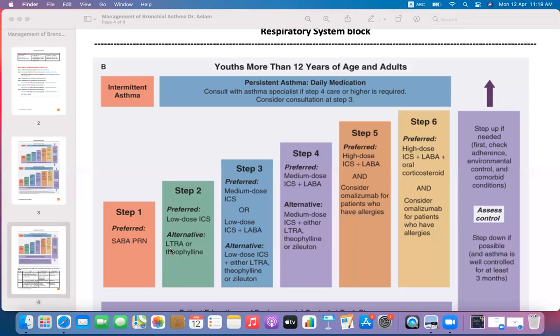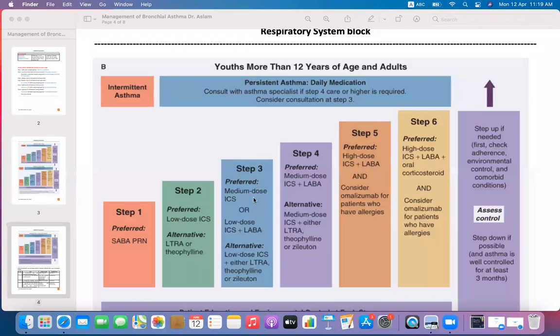Alternative: leukotriene receptor antagonist, that is montelukast, or theophylline. Same as the previous age group 4 to 11.